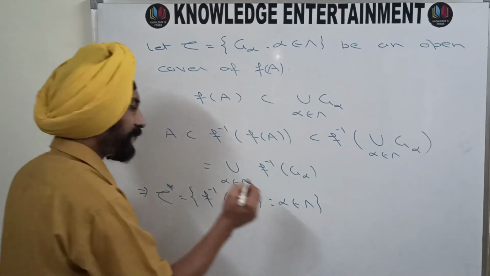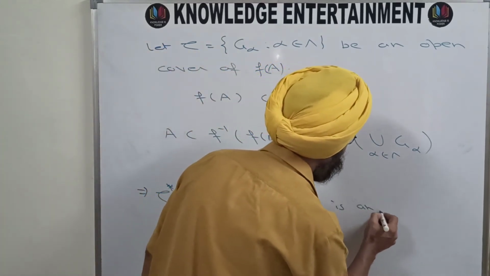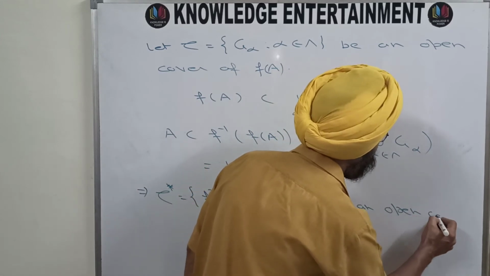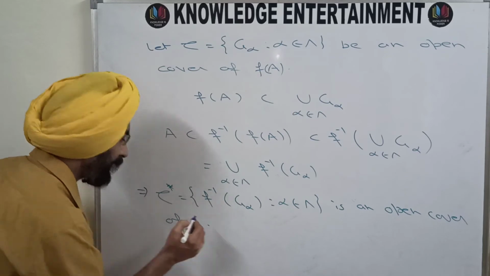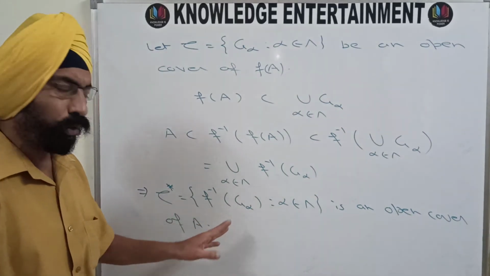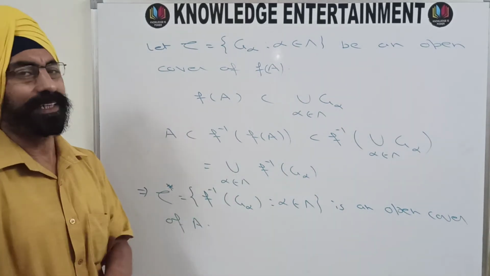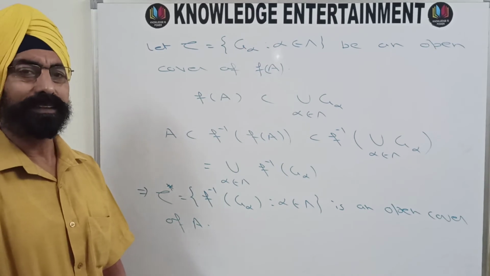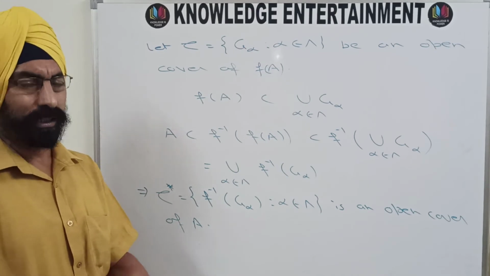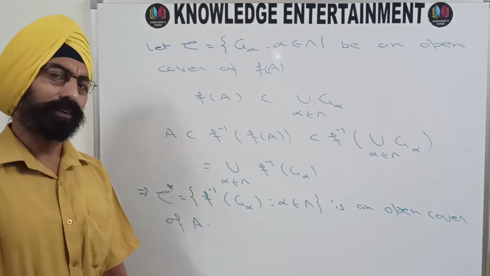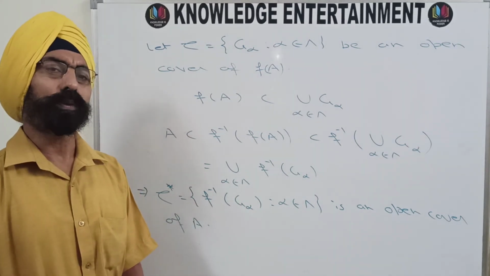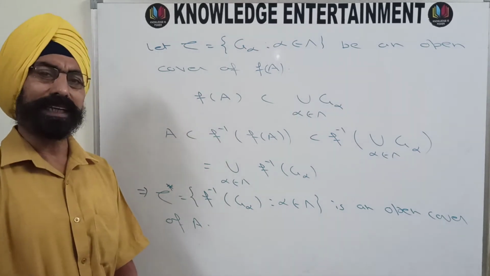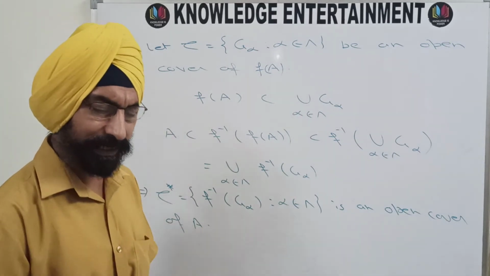So this C star is an open cover of A. But A is given to be compact, and we know that for a compact set, every open cover of it must have a finite subcover. So C star is also an open cover of this compact set A. That means it must have a finite subcover.